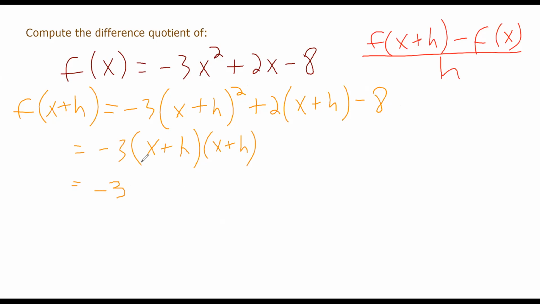So x plus h squared, we FOIL that out. X times x is x squared plus x times h is xh plus h times x, but that's the same as just xh. We kind of discussed last time why we want to write it in this way, plus h squared.